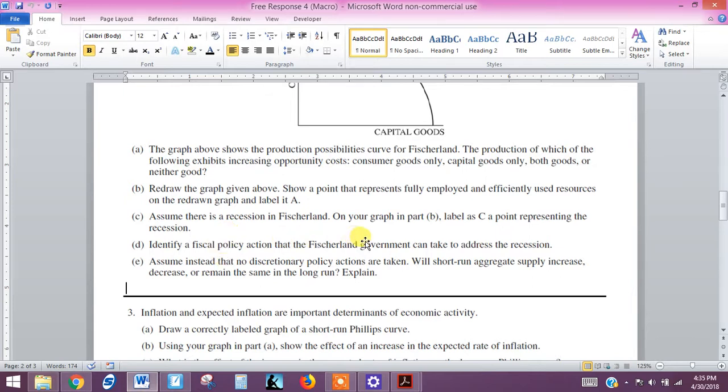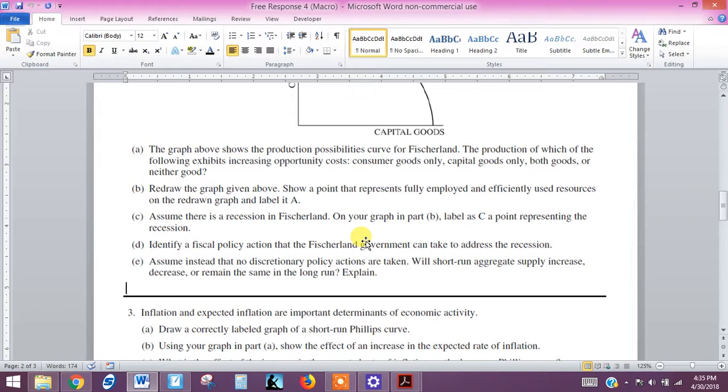Now the point here, and I want to jump back and look at part E, and then I'm going to jump over to a graph. So we want to assume that no discretionary policy actions are taken, and this is sort of confusing.